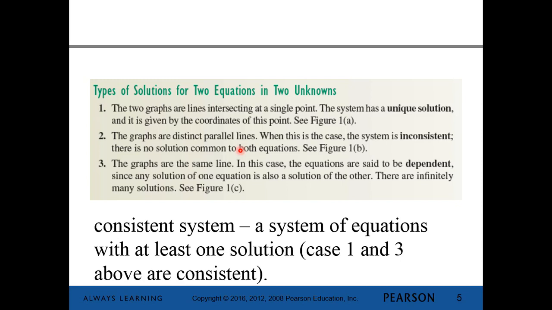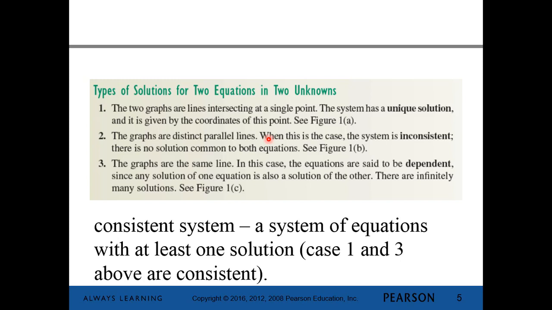Now, the types of solutions for two equations in two unknowns. In this section, we're dealing with a system of two equations with two unknowns. There are three cases. In case one, the graphs of the two lines intersect at a single point.